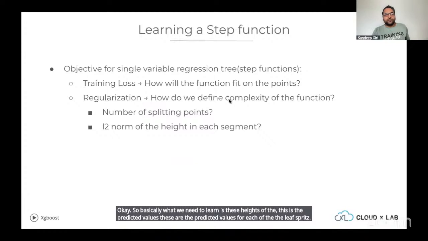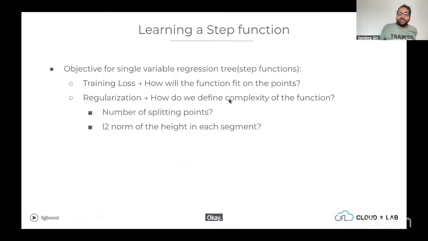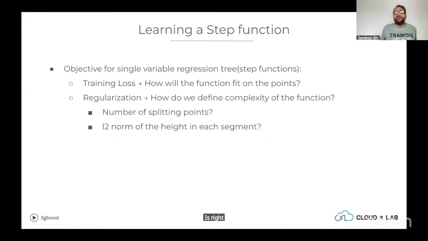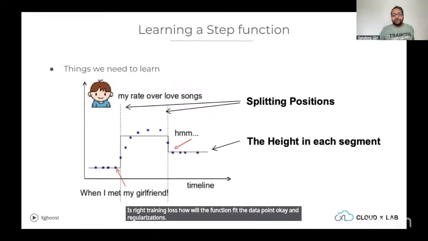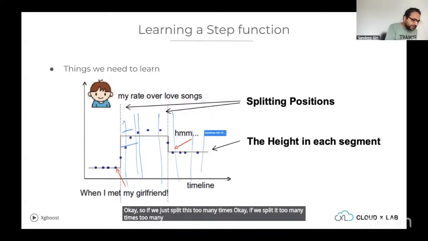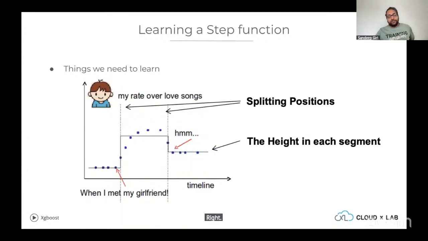The objective for a single variable regression tree is training loss, how well the function fits the data points, and regularization. If we split it too many times, what will happen?